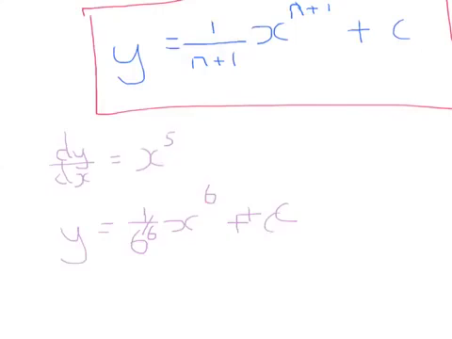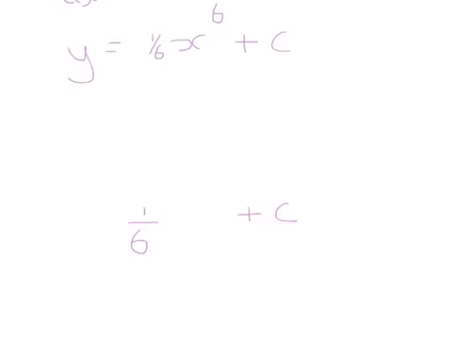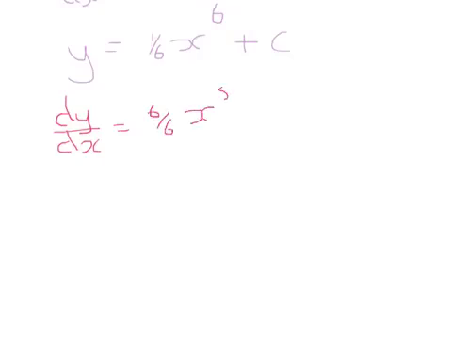So let's just check and see how this works. Let's take this function and differentiate it just to see it working the other way and show that it does work. So if we've got y equals this, dy by dx would equal, well, we know how to do this, we've done this 100 times already. We've got this 6 which comes down to the front, so it's 6 over 6 x to the power of 5.